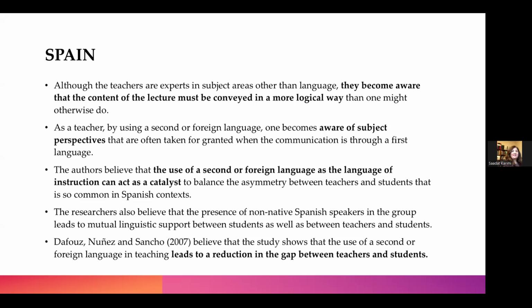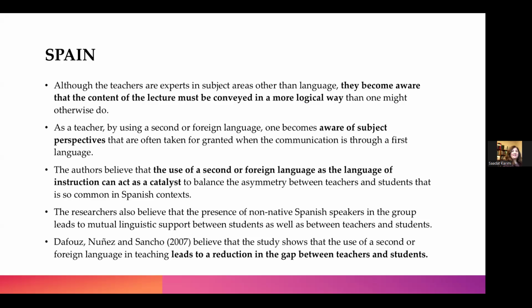As a teacher, by using a second or foreign language, one becomes aware of subject perspectives that are often taken for granted when the communication is through a first language. The authors believe that the use of a second or foreign language as a language of instruction can act as a catalyst to balance the asymmetry between teachers and students. That's so common in the Spanish context.